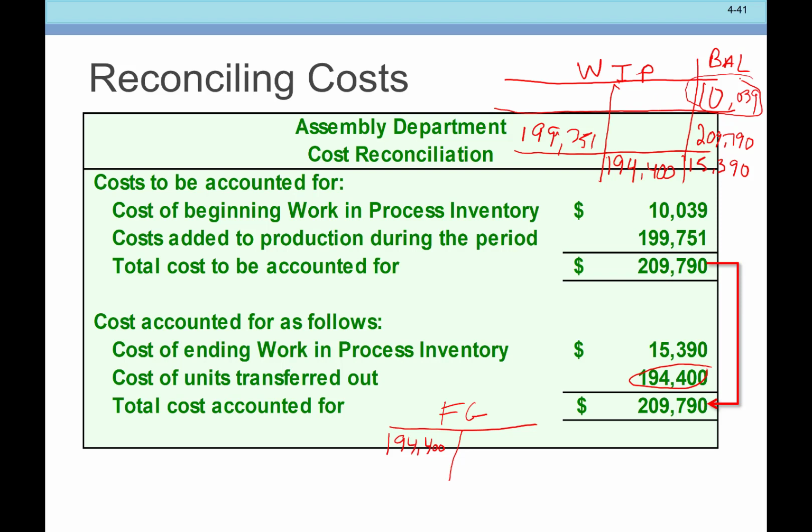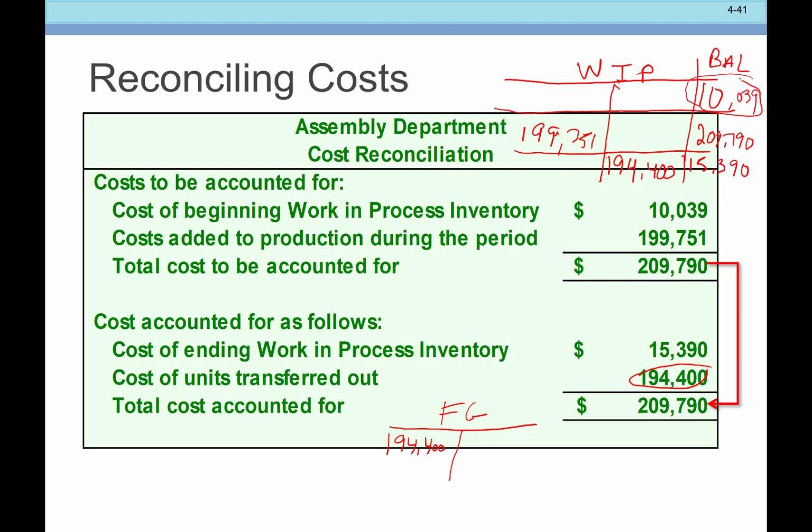No, 5,400 that were completed and transferred out, right? So we go ahead and we credit the work in progress because those are done. That credit to work in progress, that's our cost of goods manufactured, goes to finished goods, doesn't it? Right? And now we are left with 15,390 in our ending inventory.